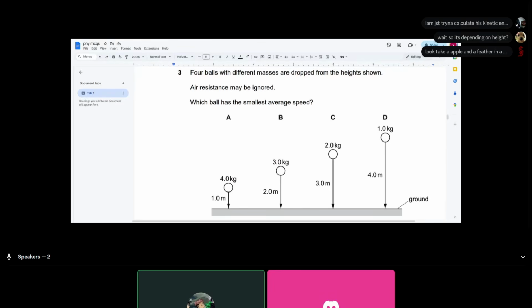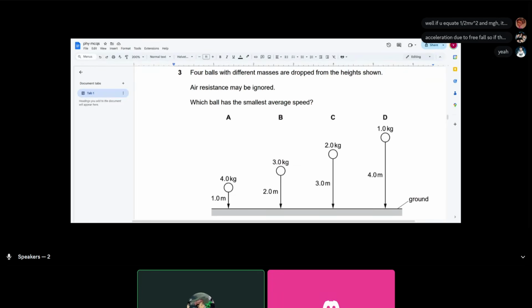You don't have to go. It's depending on height, sure. Look, if you want to, you can calculate each one individually, completely irrespective of mass. Does this work here? Yeah.